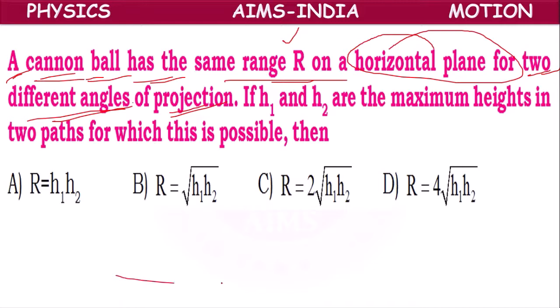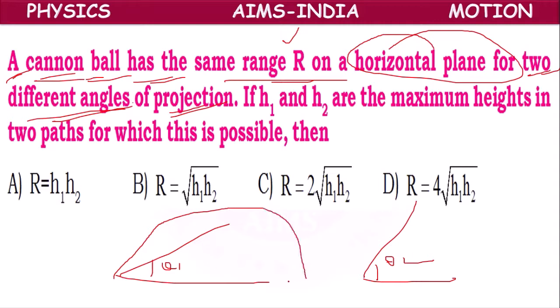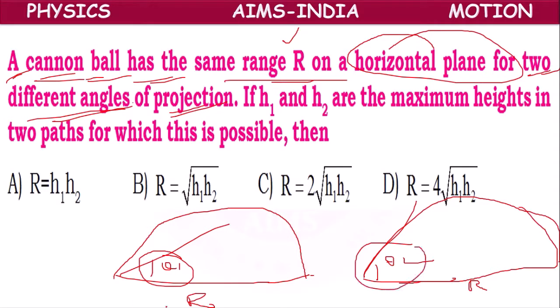Means the angle of projection, first time it is theta 1, second time it is theta 2. But first time it has covered a range R. Second time also it has covered a range R. Though the angles of projections are different, the ranges covered in both the cases are same.